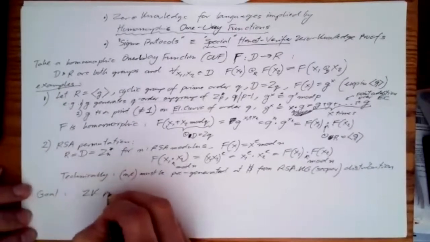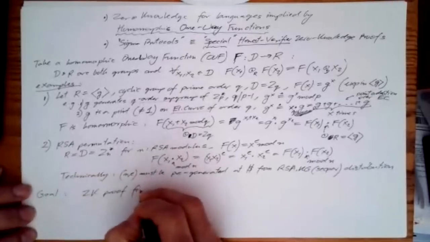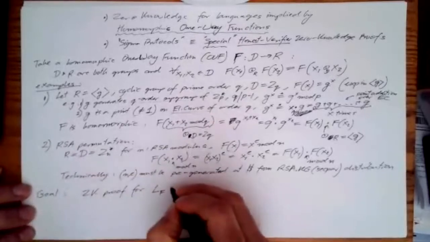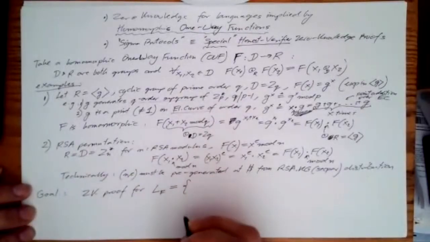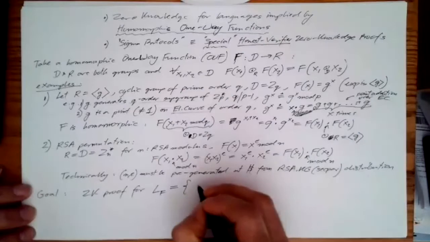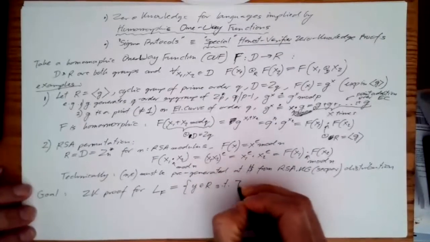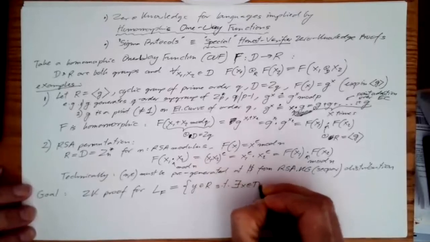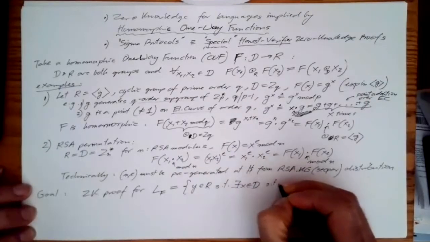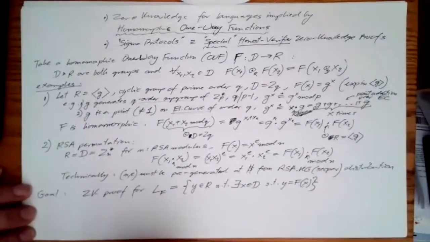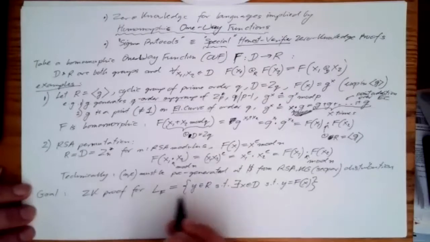Zero knowledge proofs for the language defined by this function f as follows. It's a language of all elements y in the range such that there exists an x in the domain such that y is f of x. And if you need, you can add whatever parameters that define f.